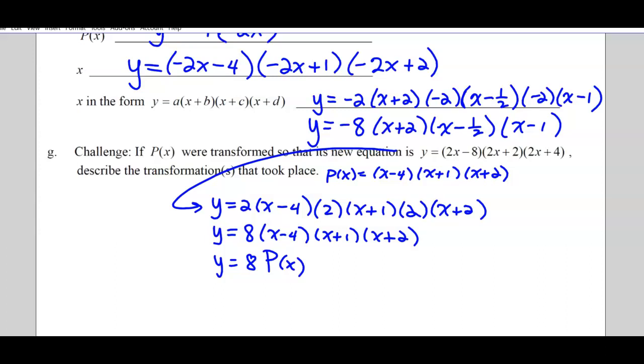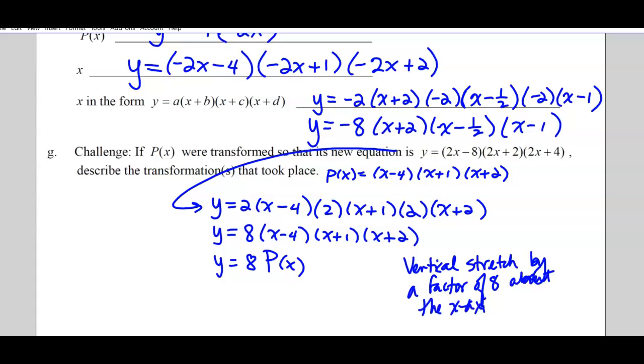So we've got that there. That's p of x, so it's 8 times p of x. That's a vertical stretch by a factor of 8 about the x-axis.